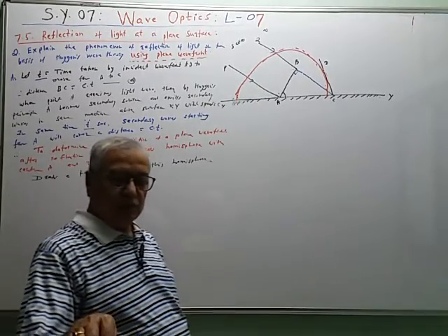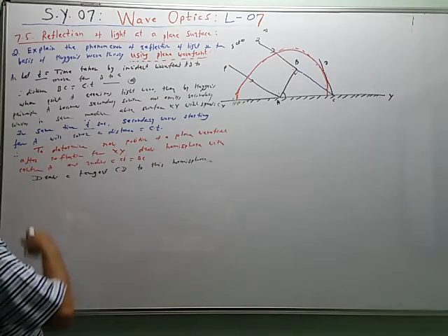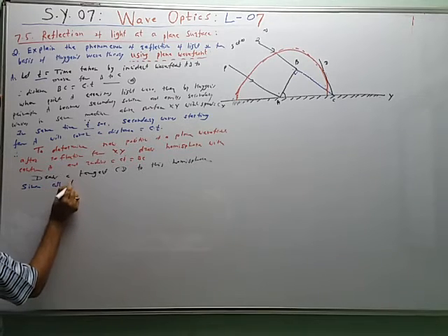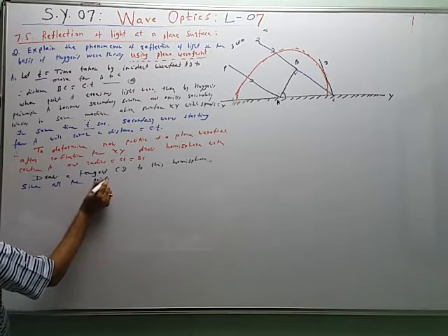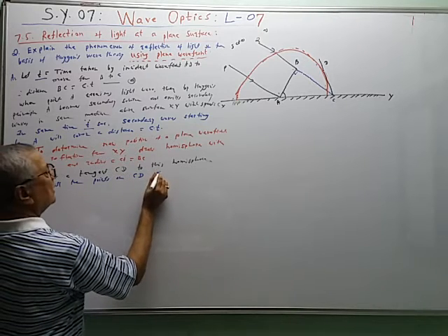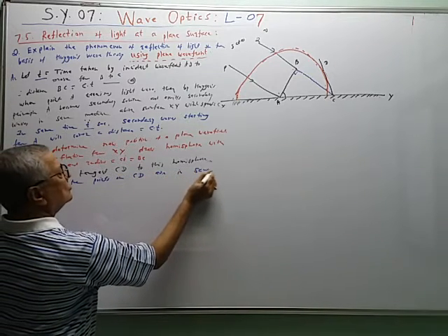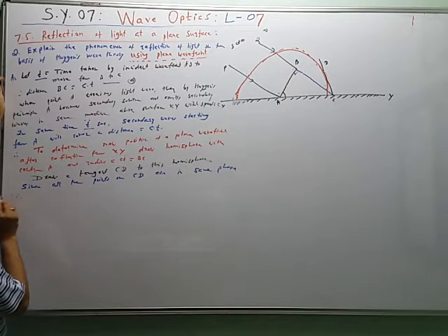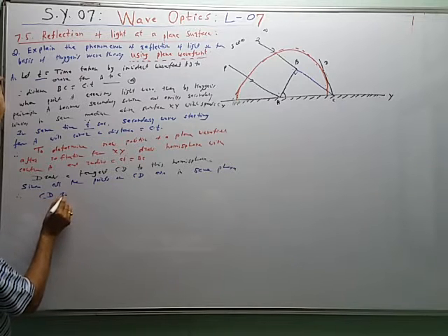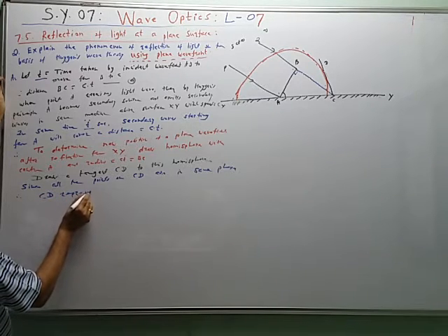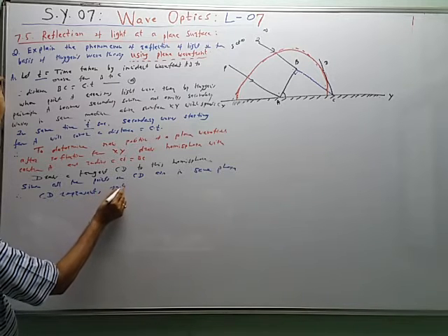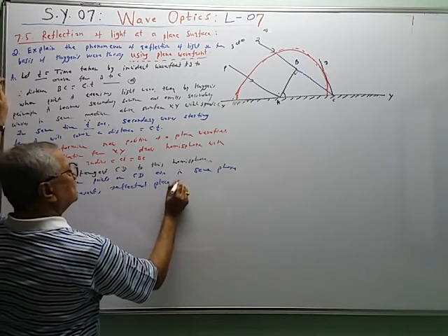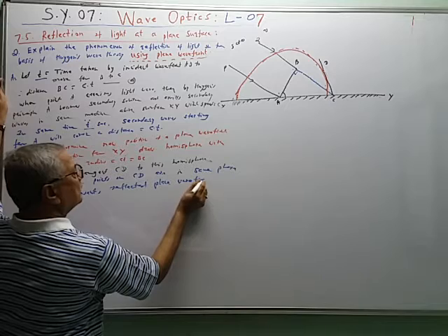So CD represents the reflected plane wavefront, since all the points on CD are in the same phase because they are equidistant from A. Therefore, CD represents a reflected plane wavefront.